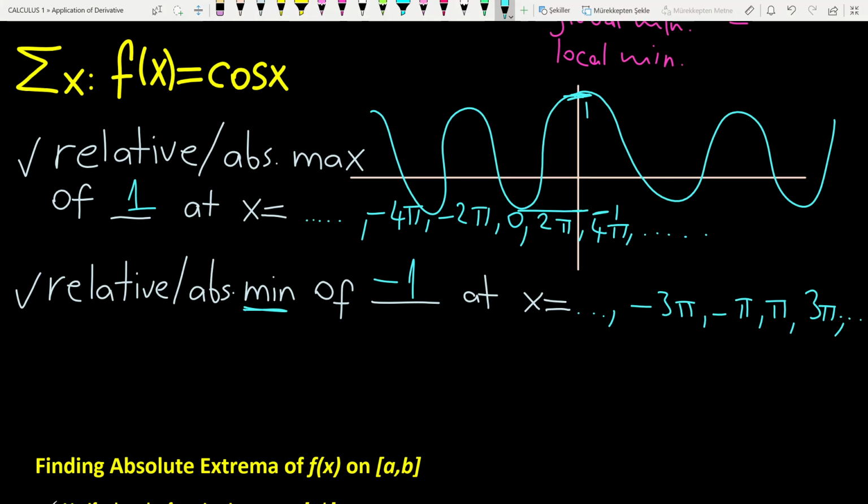You have infinitely many points that make the cosine function minimum. It is the last example for maximum and minimum points.